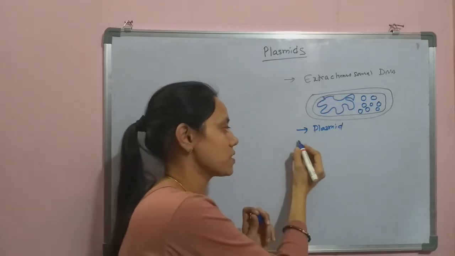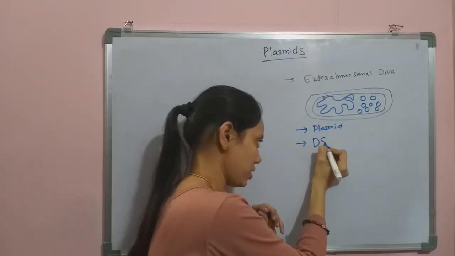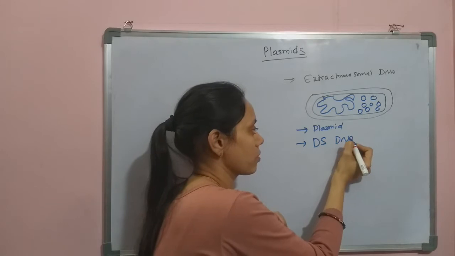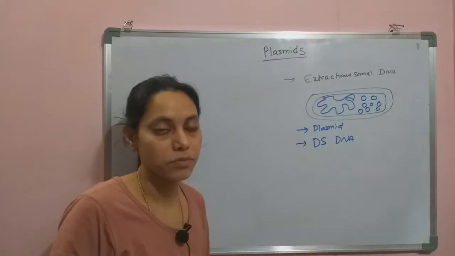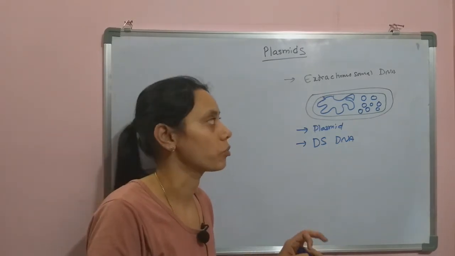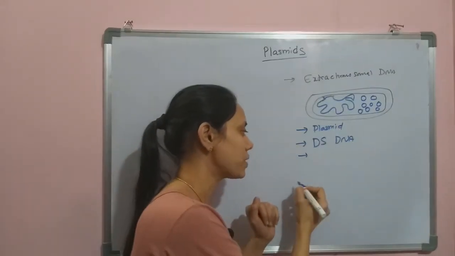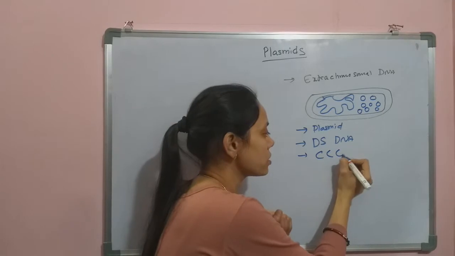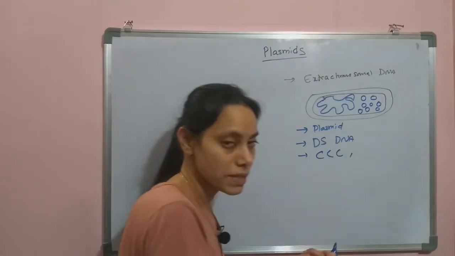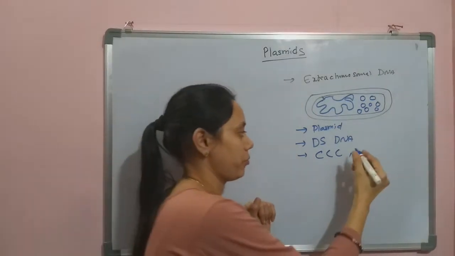Here this plasmid is basically double-stranded DNA present in the cytoplasm, which is not dependent on the main chromosome, but is an extrachromosomal DNA, and this is basically covalently closed, circular, mostly present in its supercoiled form.